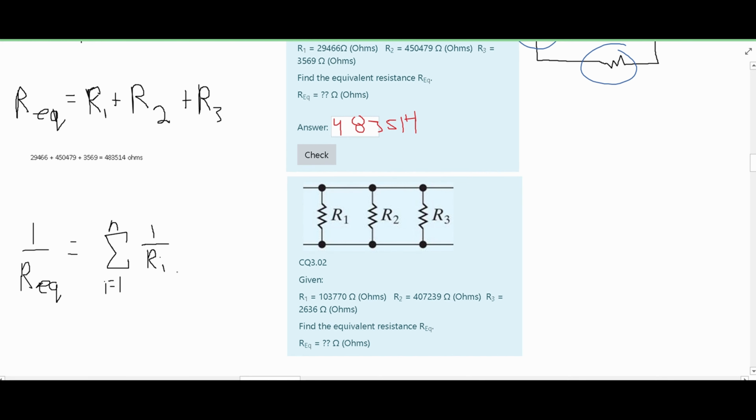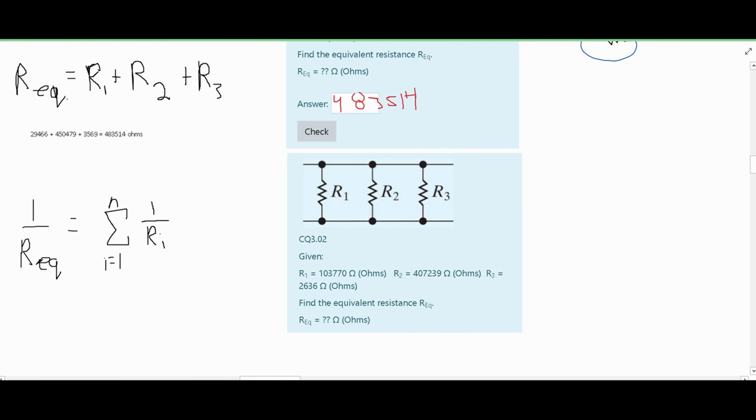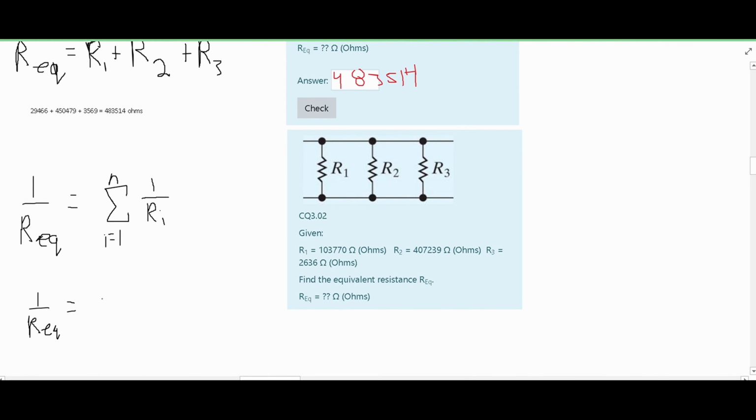Now that we have this, we can plug in the values for this problem. In this specific problem, we have 1 over R equivalent, and that is equal to 1 divided by R1 plus 1 divided by R2 plus 1 divided by R3.